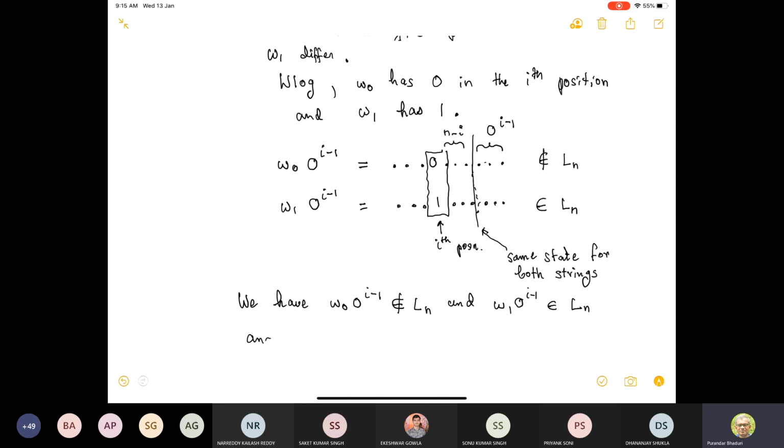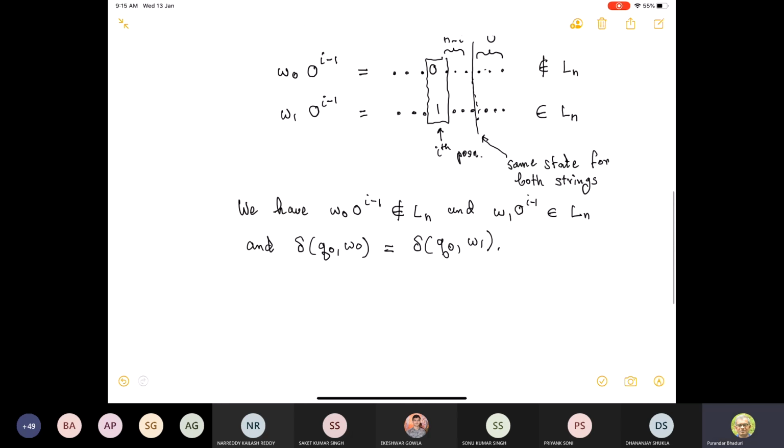And we also have delta hat Q0 W0 is delta hat Q0 W1.